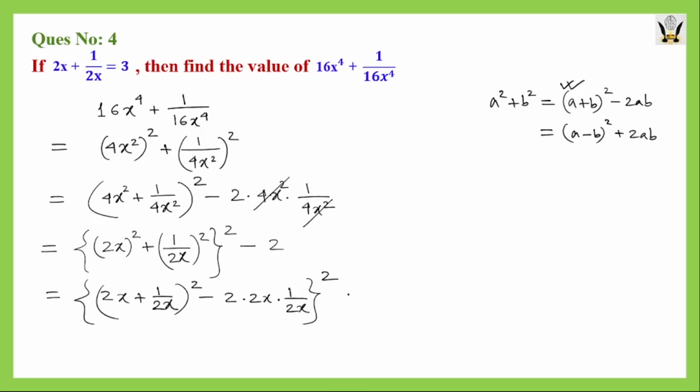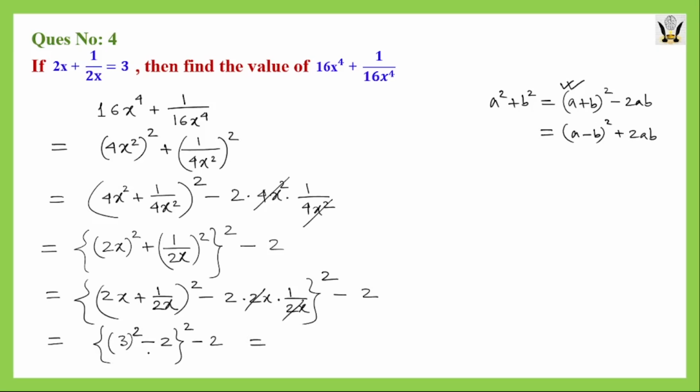So the square of that identity, and we already have this minus 2. Now 2x plus 1 by 2x, that value is given in the problem statement, which is 3. So it will be 3 square, and here this 2x and this 2x will cancel each other. So what will remain is minus 2 and then whole square of that, and then we have this minus 2.